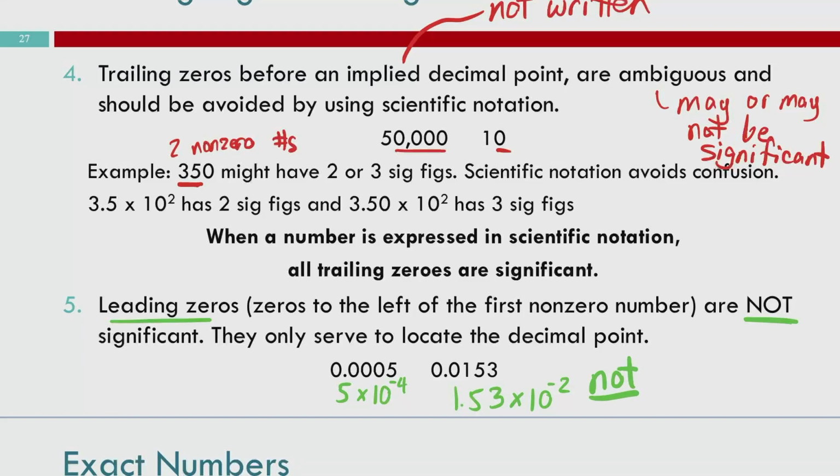We would not write them as, for example, 0.00005 times 10 to the minus 4, right? That looks silly. Same thing for the 0.0153.